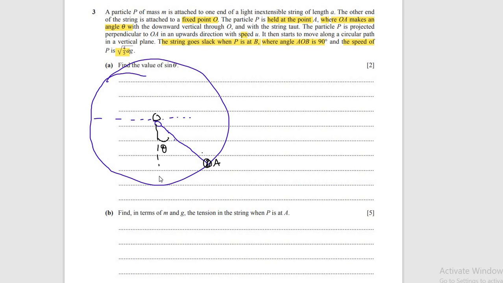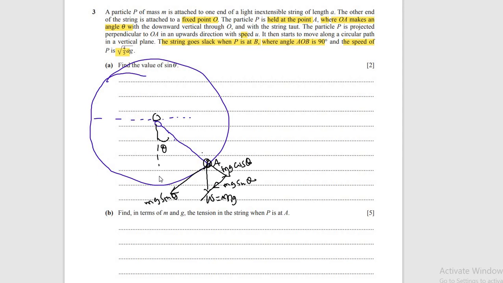So let's list the forces on A. Here is the weight, mg. When you are putting down the forces, just think as if you are doing an inclined plane. This is mg cos theta, and this is mg sin theta, which is parallel to the direction.